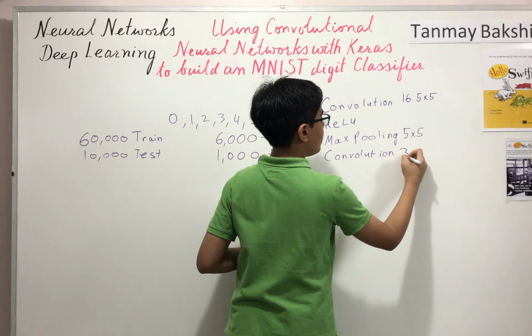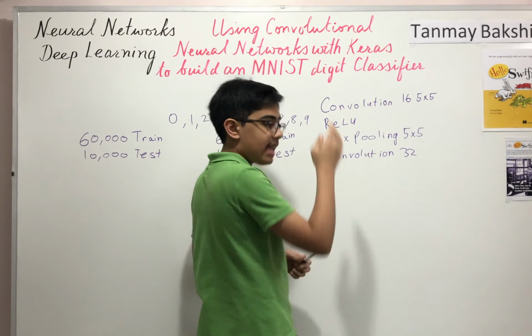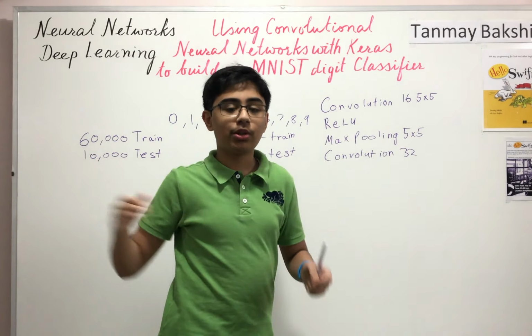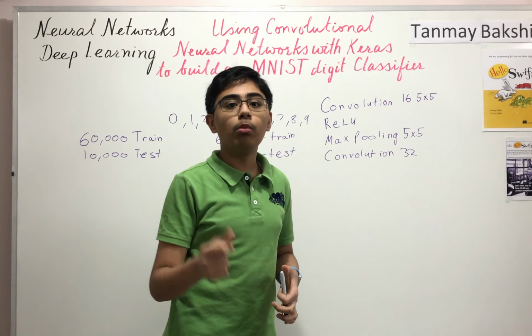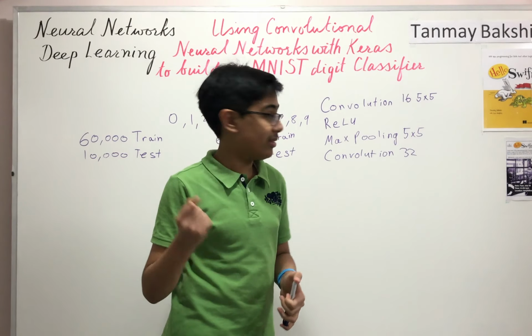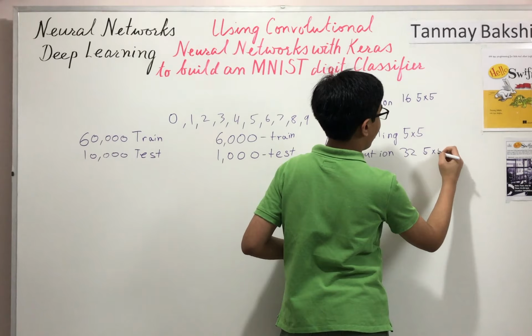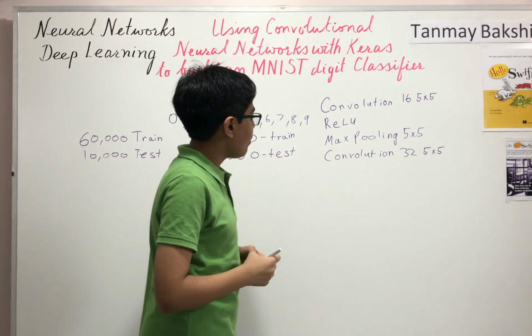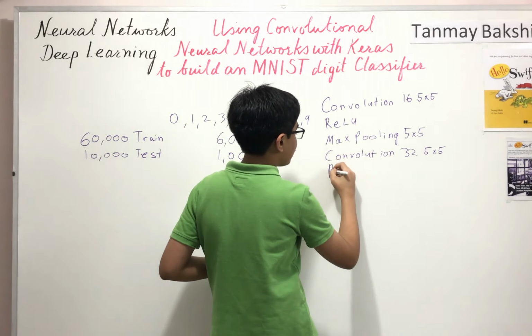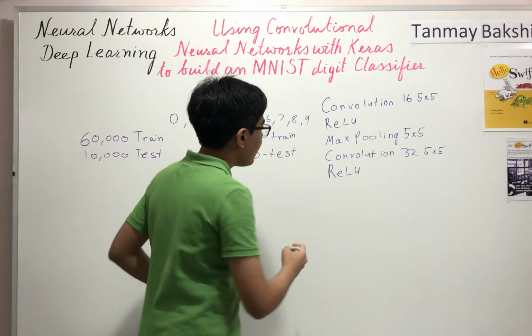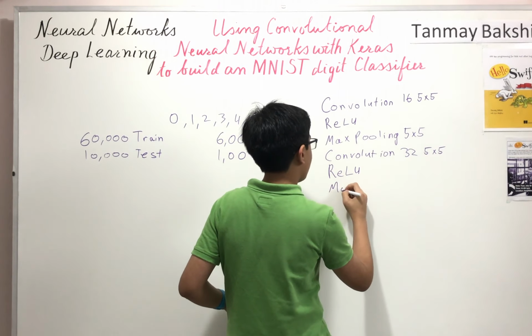And this now has 32 filters. Again, what happens is as you go deeper in the neural network, you usually start to see more and more filters coming along so it can learn more and more sophisticated different types of features. After that, again, this is a 5x5 filter size. And once we've got that done, we of course send it through an activation function, such as rectified linear unit once more. And then of course we do one more round of max pooling.